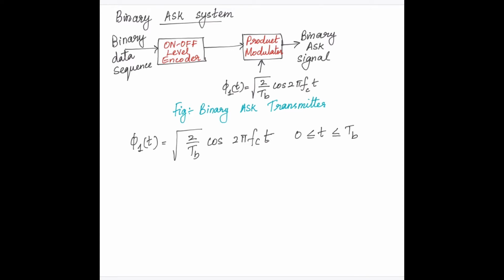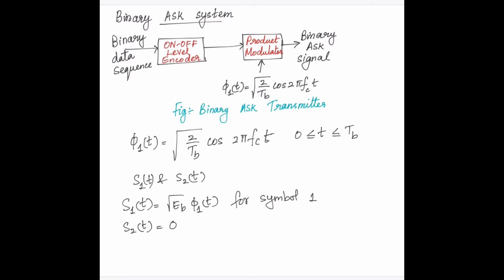The transmitted signals can be represented as S1 of t and S2 of t. S1 of t is equivalent to root of Eb into phi 1 of t for symbol 1, and S2 of t is equivalent to 0 for symbol 0.